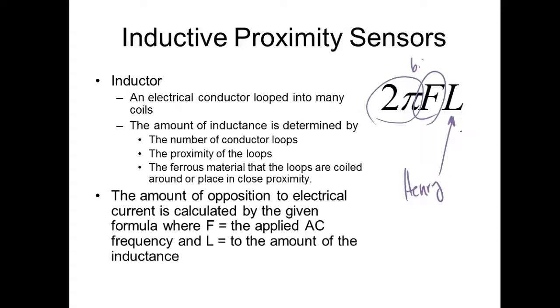Well, you don't control that. That's built into the sensor. The ferrous metal the loop is coiled around. This is what determines it. So if I can get a ferrous metal into that loop or close to that loop, then we're going to change the L. If we change the L, we change the ohms. If we change the ohms, we change the output, right? Does all that make sense?